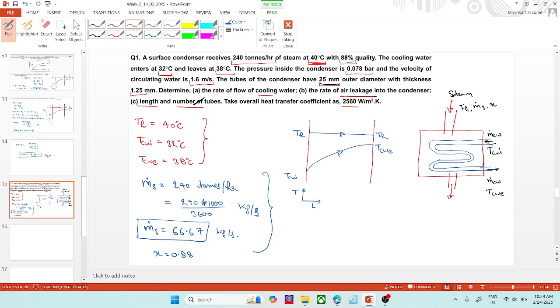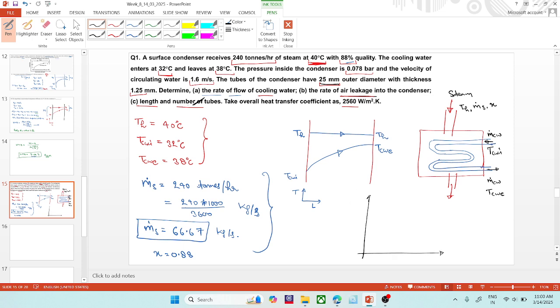Then the next things provided. Okay, so these things are only required for the first part of the problem, so we won't write too many things. We'll solve the first problem only, to calculate the rate of flow of cooling water. One thing remained. Let me draw the pressure on the TS diagram.